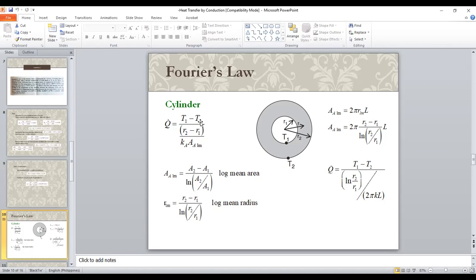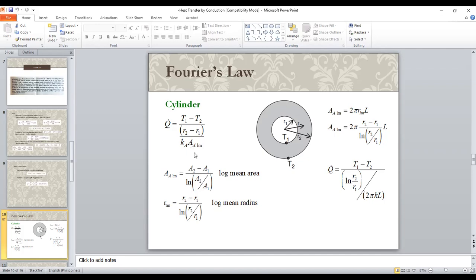Now, as to the resistance, that would be the difference of the two radii, the outer radius minus the inner radius. You also have here the product of K, the thermal conductivity constant of the material your pipe is made of, and you have the area.